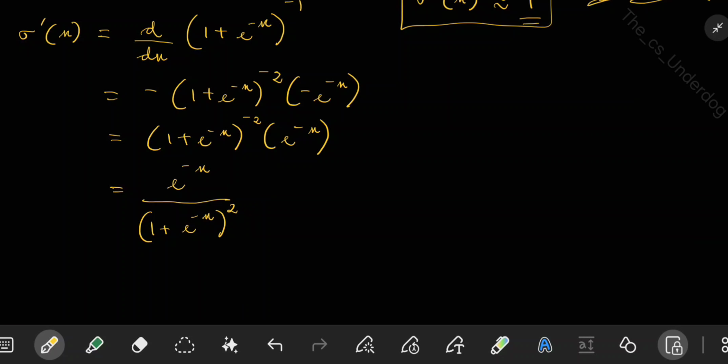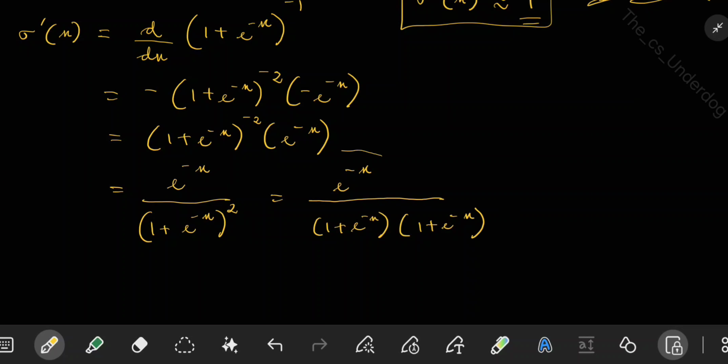Both these are one and the same. Now, instead of writing this whole square, I'm going to separate out the terms so that you clearly understand what I'm doing. I'll do e power minus x divided by 1 plus e power minus x into 1 plus e power minus x. I divided it into two terms.